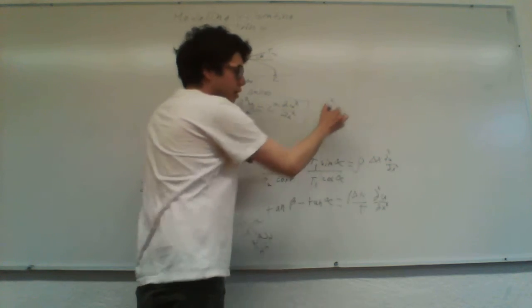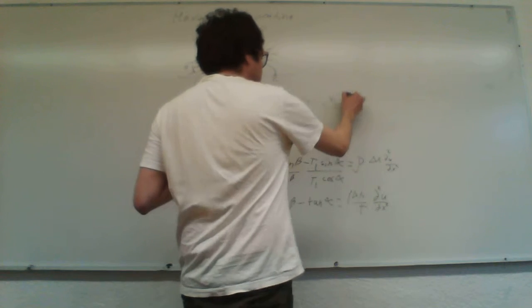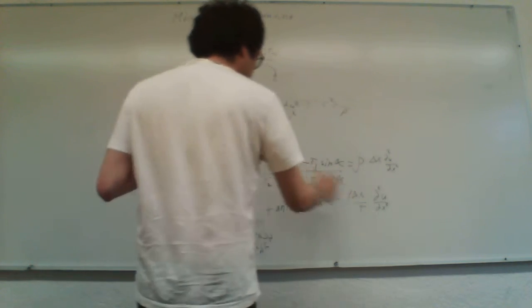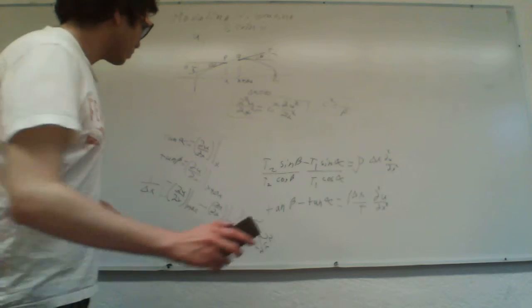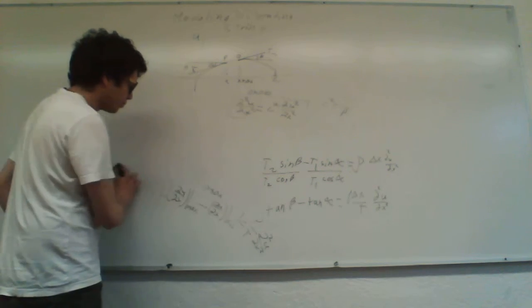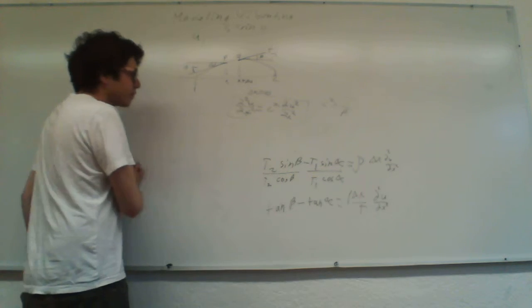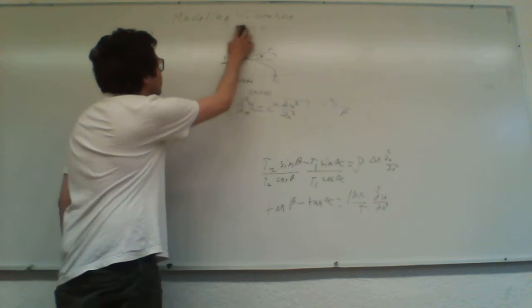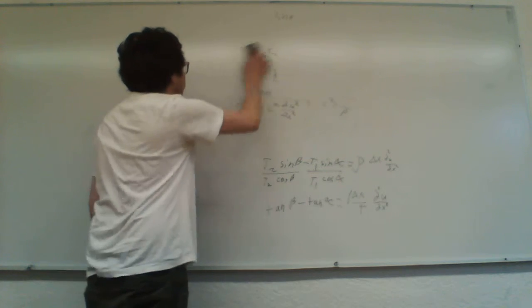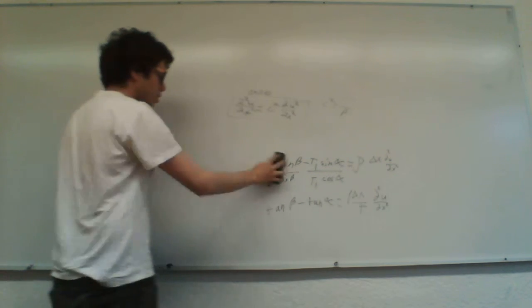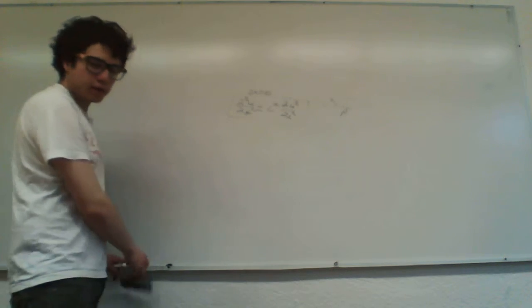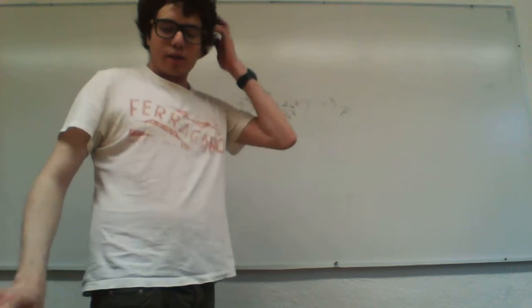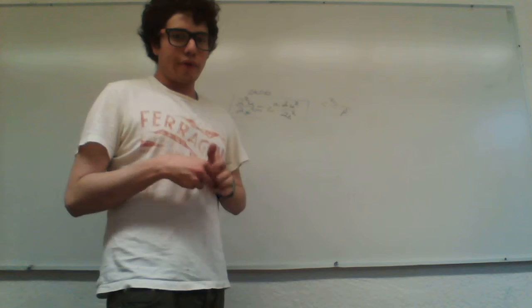That c squared is equal to T over rho. Okay? We are going to see the next model, the solution by separating variables using a Fourier series.